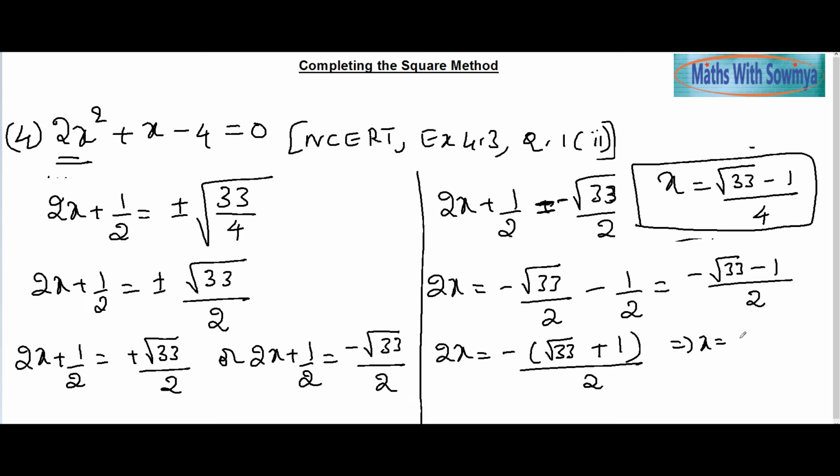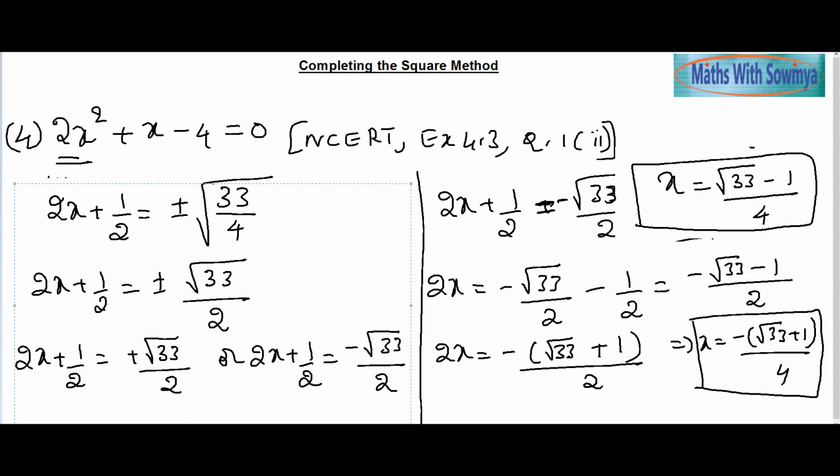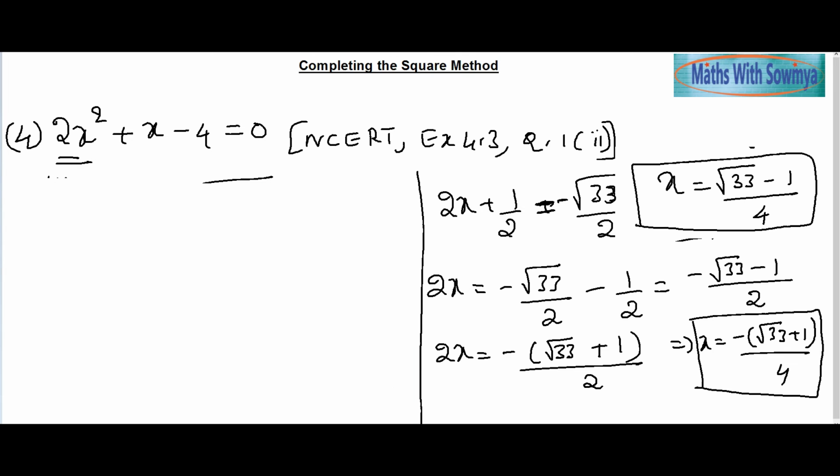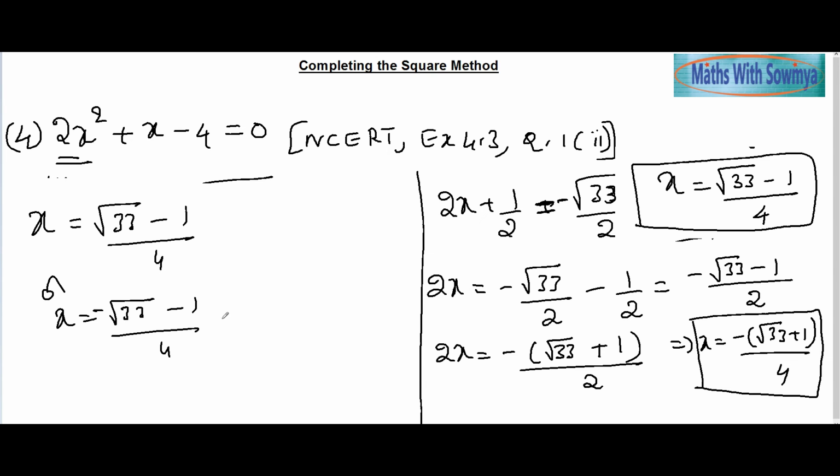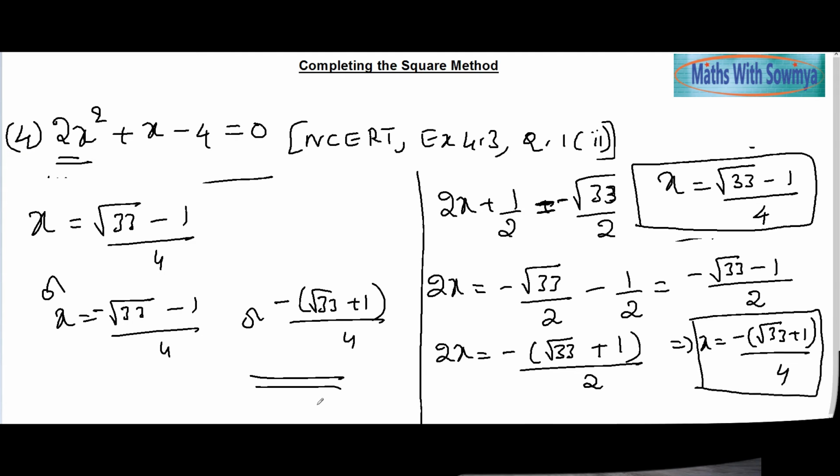So x will be minus root 33 plus 1 divided by 4. So these two will be our answer. So we can write it here: x value is root 33 minus 1 by 4, or x value is minus root 33 plus 1 by 4.